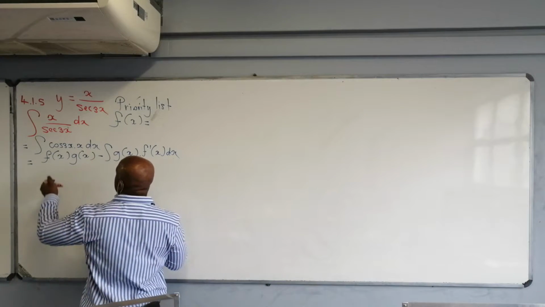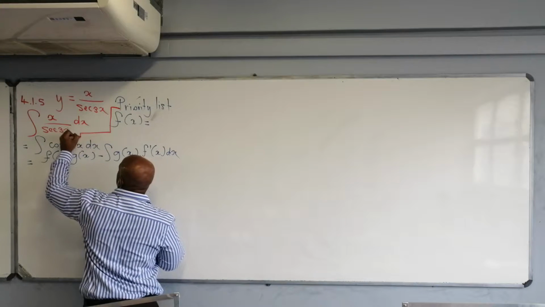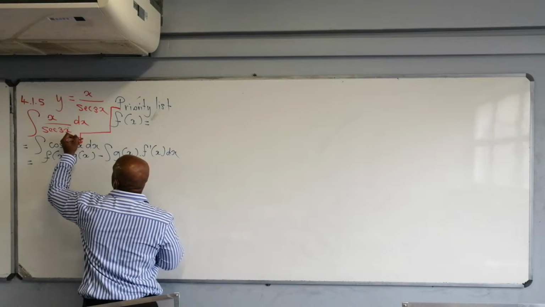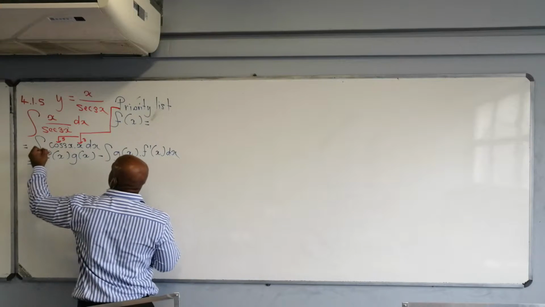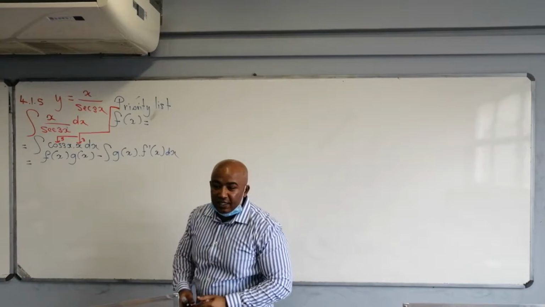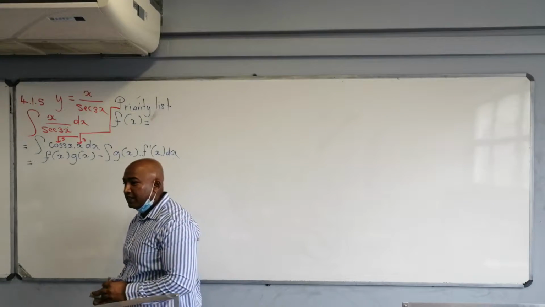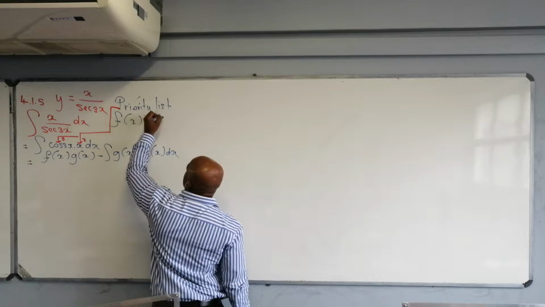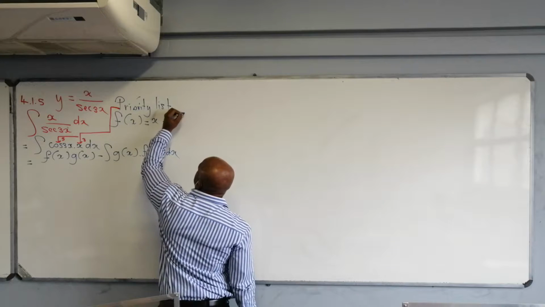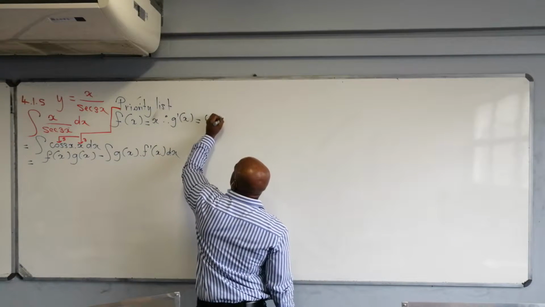So from your priority list, let me just put an arrow here. This one here will be number 3, and this here is number 5. Whichever one is higher up must be chosen as f of x. So therefore my f of x is x. Therefore g prime x will be cos 3x.